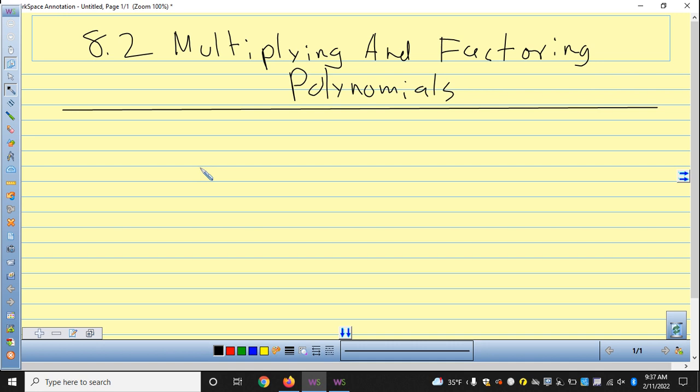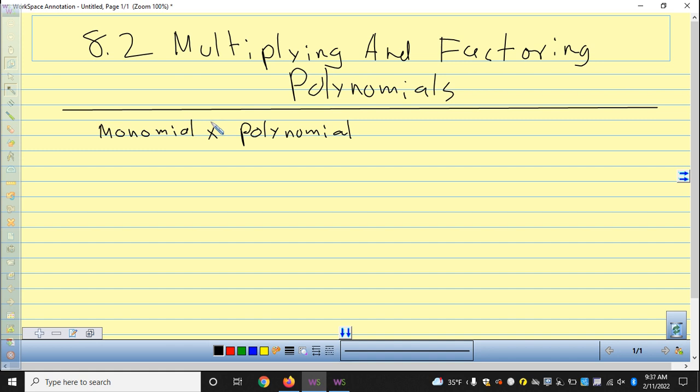All right, so we're going to talk about multiplying and factoring polynomials. And today we're going to multiply a monomial, and we're going to multiply it by a polynomial. So we have something with one term, and we're going to multiply it by something with a bunch of terms.